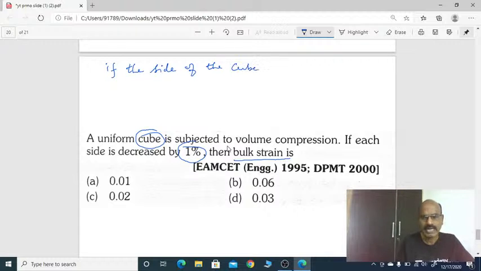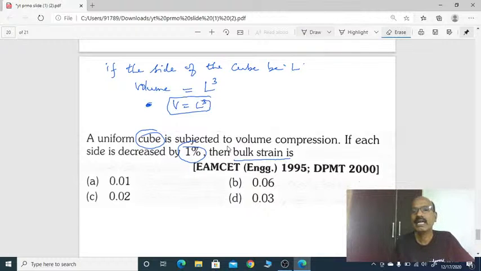If you take the side of the cube to be L, what is the volume of the cube then? Volume equals side cubed, L cube. So V equals L cube. Now see, what is the change in volume?